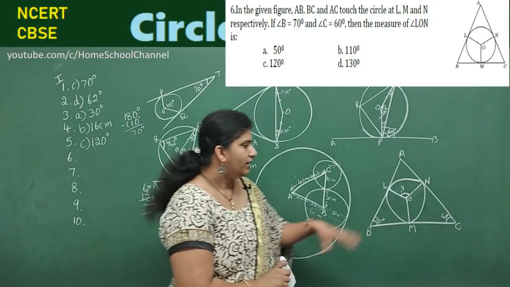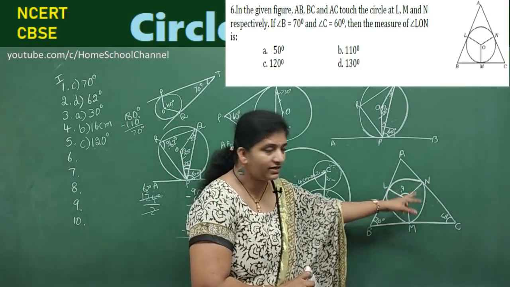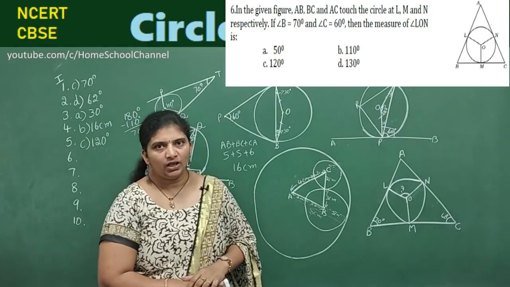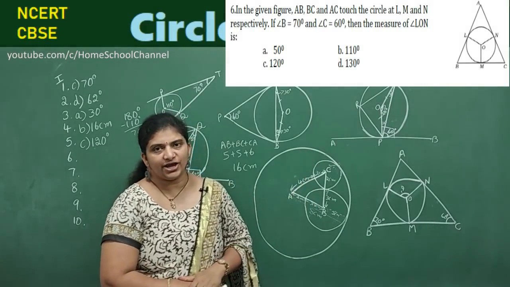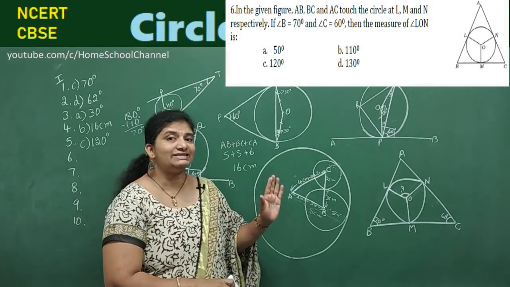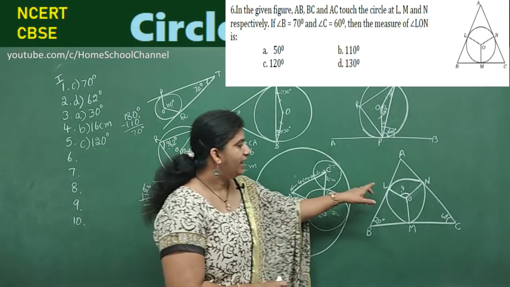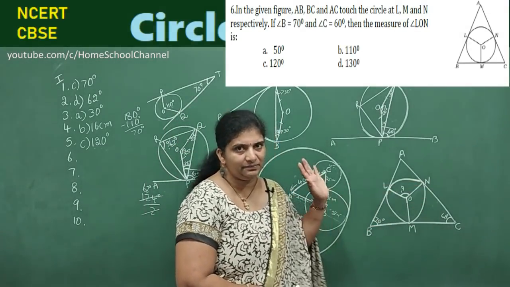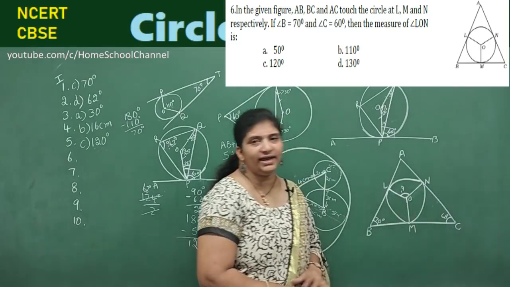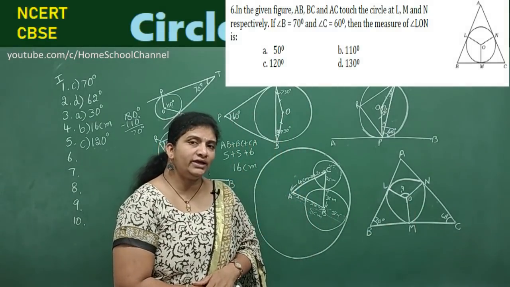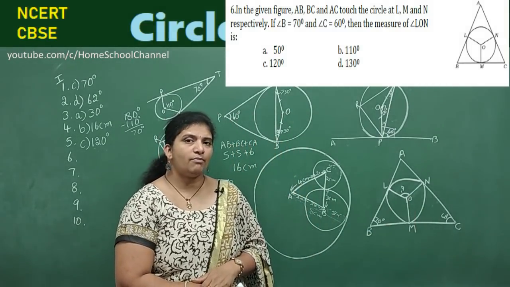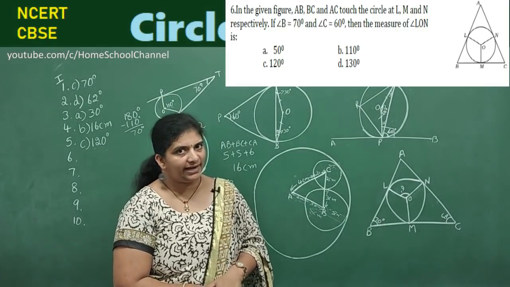See here. This is a circle with center O, and ABC is a triangle touching the circle at L, M and N. We need to find LON. We can do it in two ways. The sum of interior angles of a triangle is 180.